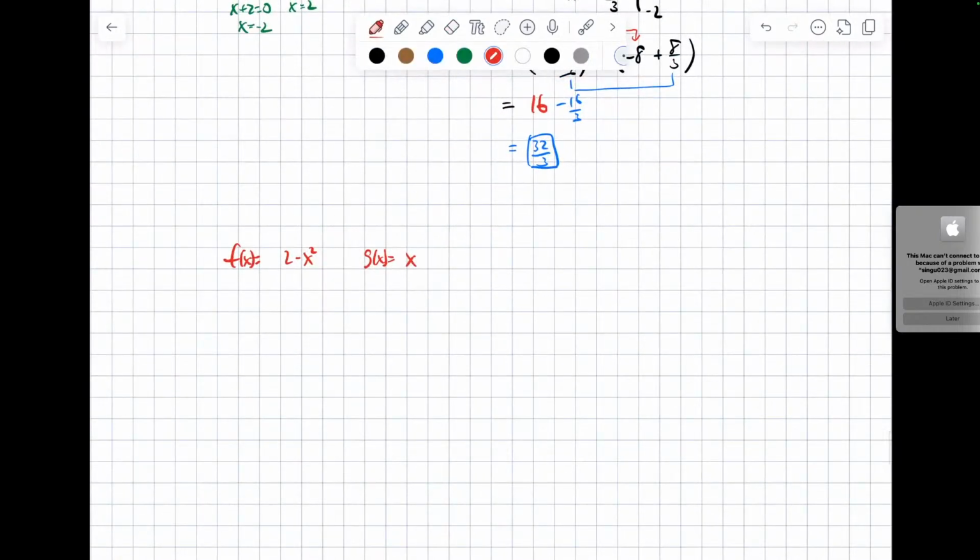So the idea of area between the curves, sorry, I forgot to write this down, is integration of the top curve minus the bottom curve.